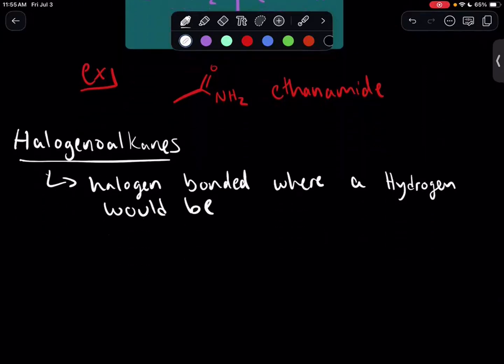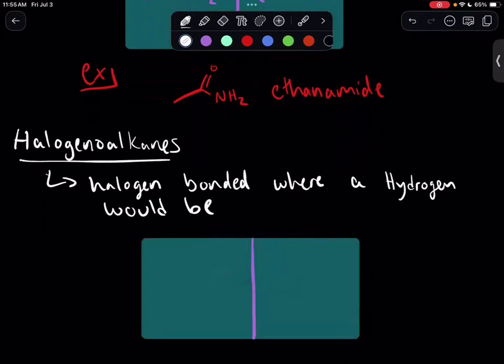So we often represent this with an X. Whoops, I said an X and I wrote an H, where that X is any halogen. X is equal to Cl, F, I, or Br. And so it can be any of those.